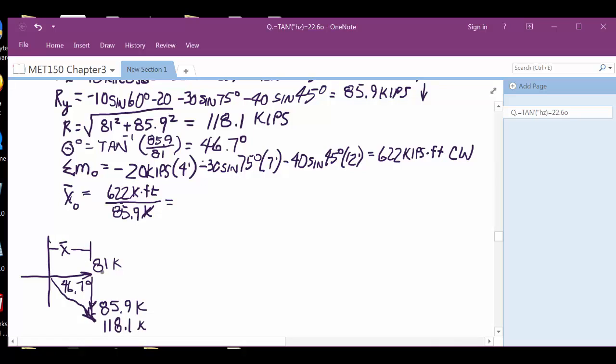Well, we can't use the 81, we have to use the 85.9 to get that. Does that make sense? So we had that picture originally that I took off. If you look on page 50, that basically is what I've drawn there. Okay, so that number turns into 7.24 feet.